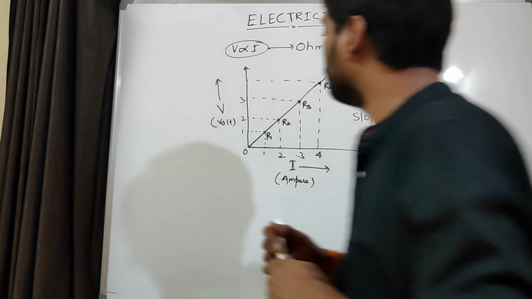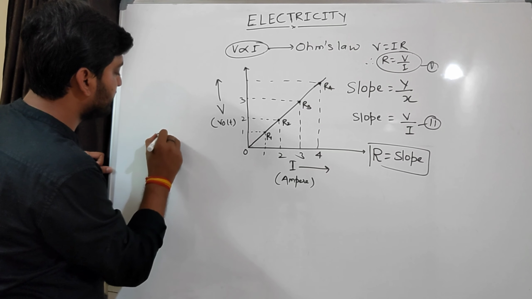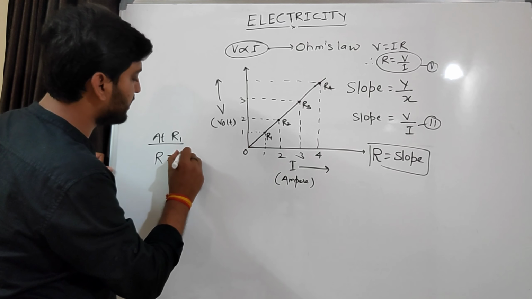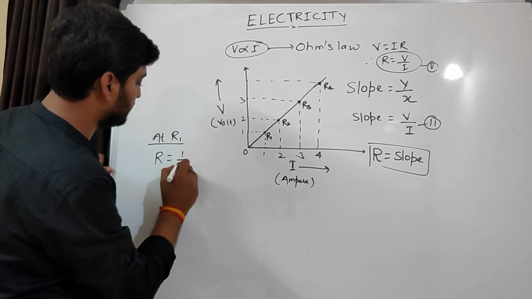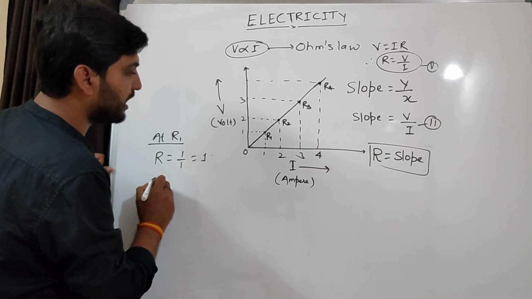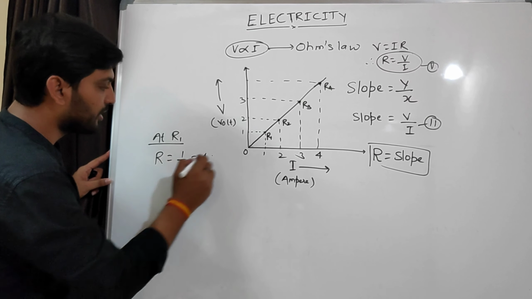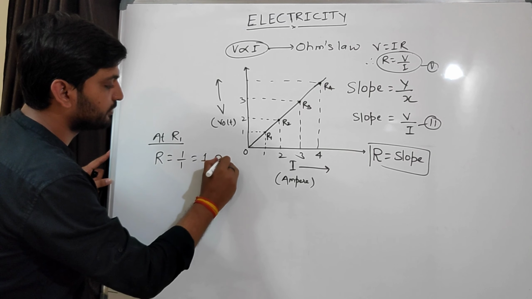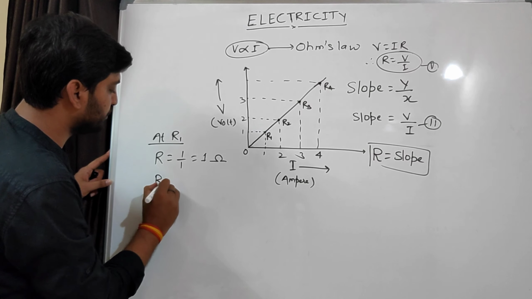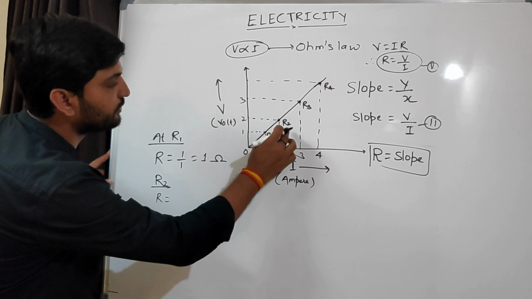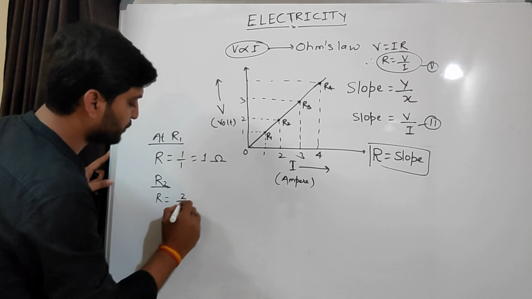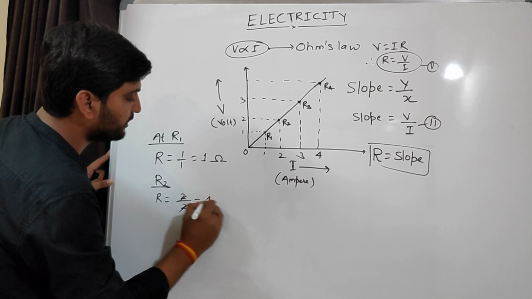So at point R1, the value of resistance will be V, which is 1, and I is also 1. So 1 ohm. At R2, R is equal to V, y axis 2, x axis 2, 2 divided by 2 is 1 ohm.